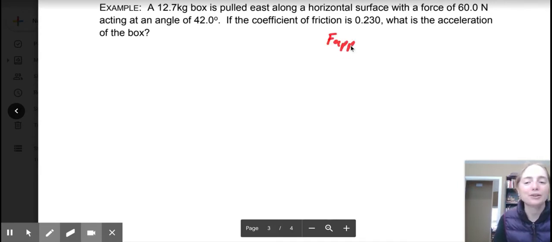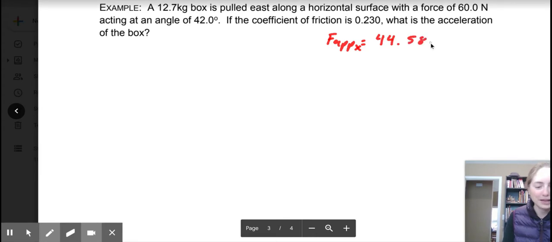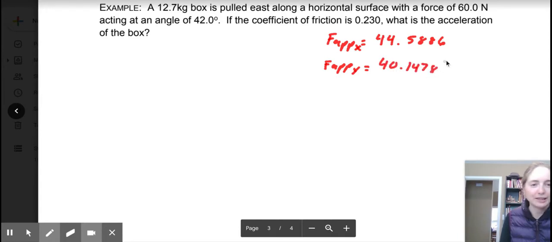Okay, so your force applied on the X, we calculated earlier in the video to be 44.5886. We calculated earlier in the video our force applied on the Y to be 40.1478 newtons.